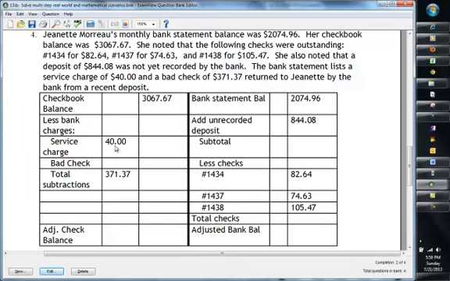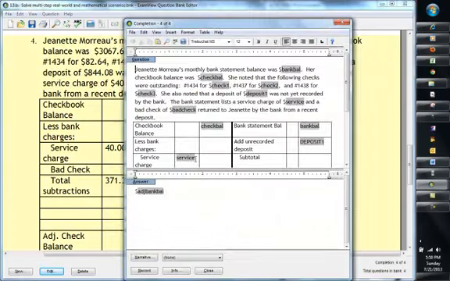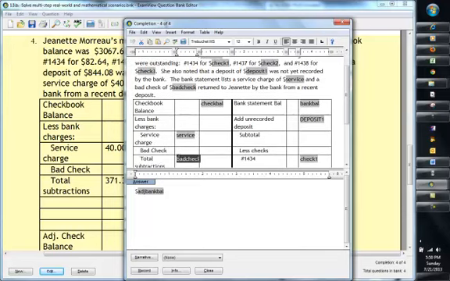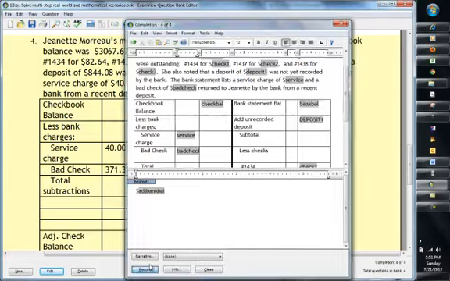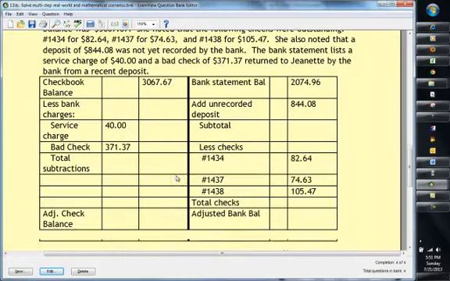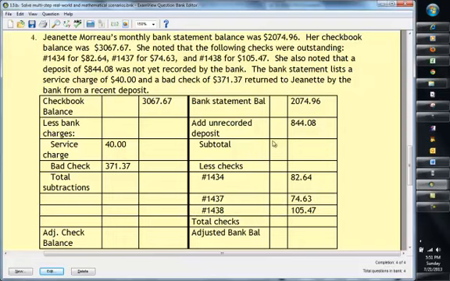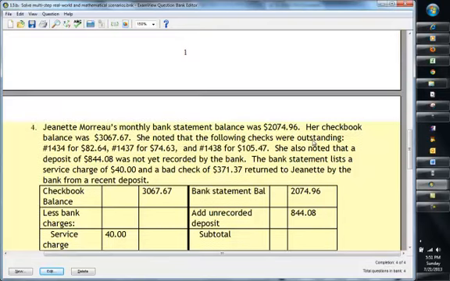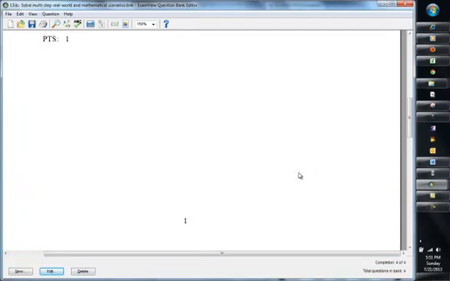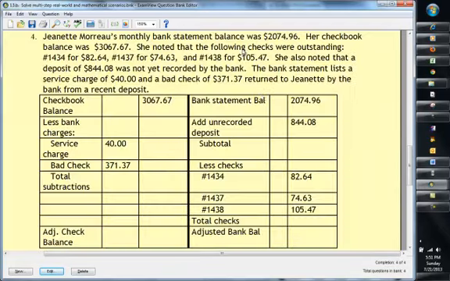She did not have down that there was a service charge of $40 and a bad check that got returned to her of $371.37. So what she needs to know is how much should be in each one of those different totals.